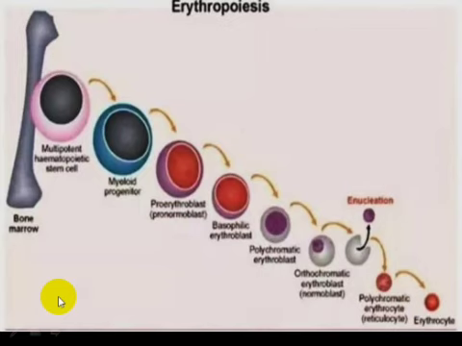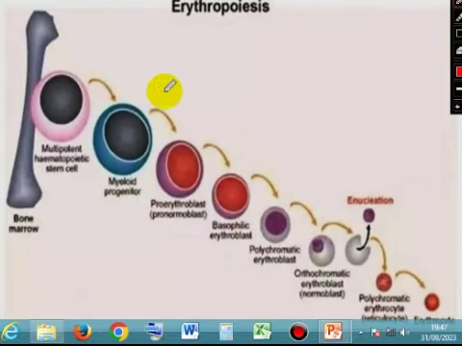Stages of erythropoiesis occur in three main phases. Number A, size maturation. Number B, nucleus maturation. And number C is cytoplasmic maturation.